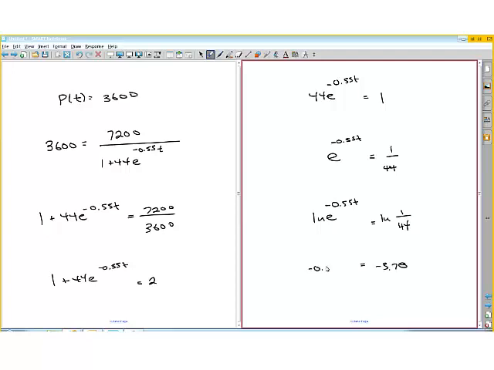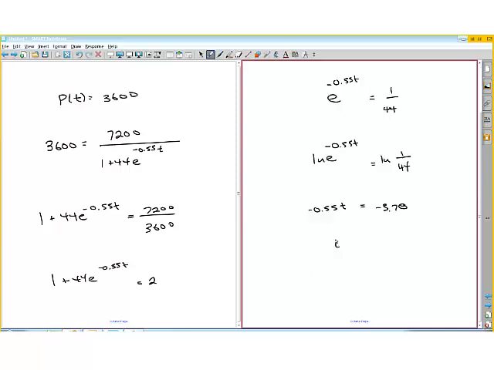And on the left-hand side, you just have the exponent. So then to solve for our unknown t, just divide by the constant, or k, which is negative 0.55. So t is negative 3.78 divided by negative 0.55, and that's 6.9.